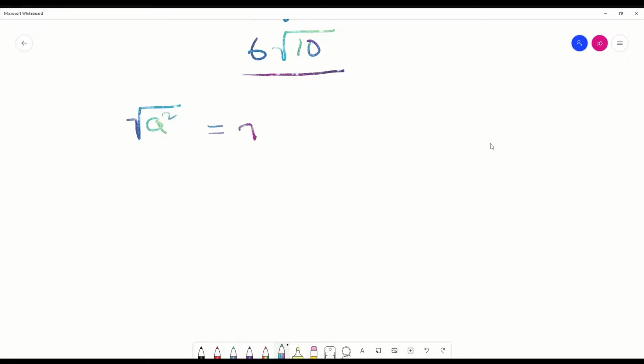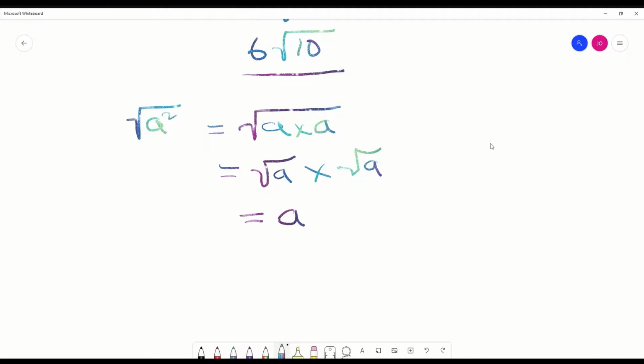We can break it down first and say a times a, and we can further break it down as root a times root a, and when root a multiplies root a, it gives us a. Therefore, root a squared is the same as a.